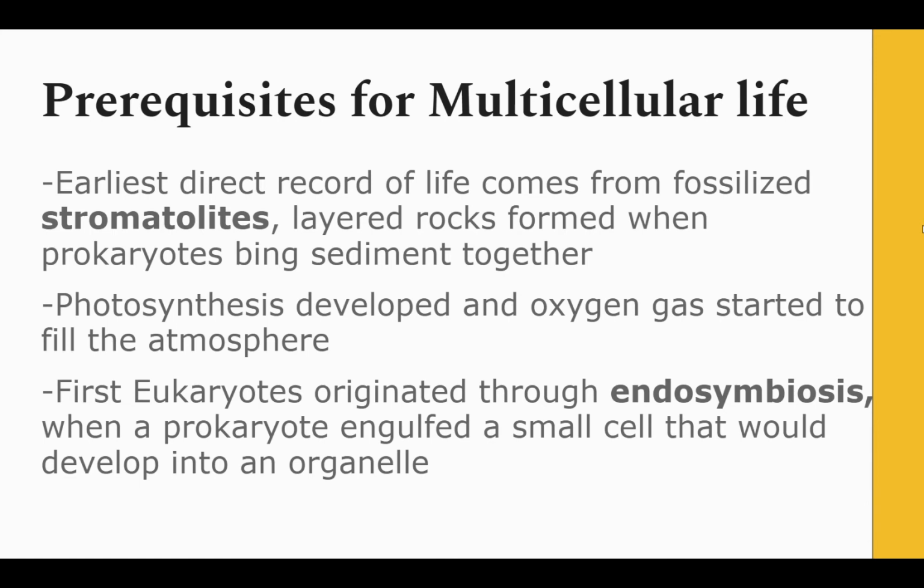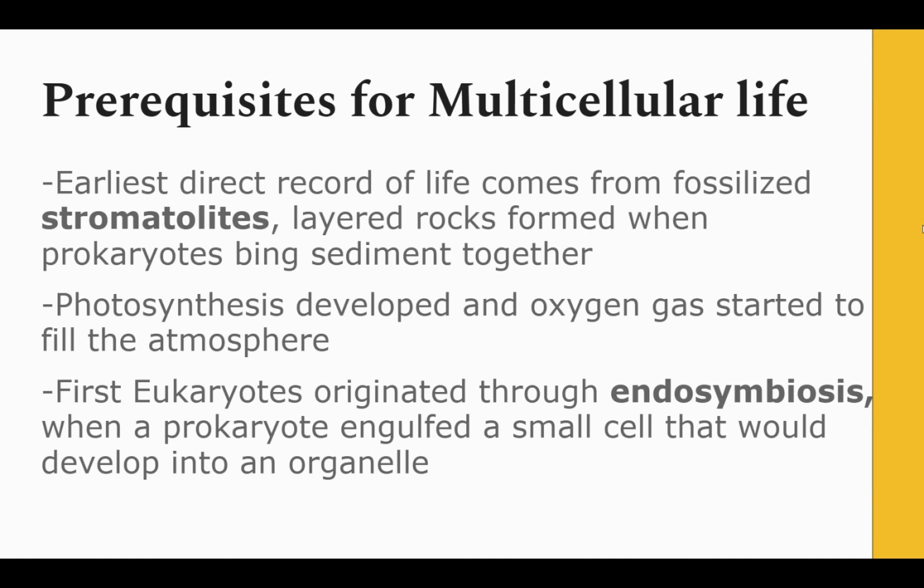In order to have organisms that rely on oxygen, we need oxygen in the atmosphere, right? So, at some point in time, one of these early prokaryotes developed the ability to harness sunlight and carbon dioxide to make energy for itself. Right? We talked a lot about photosynthesis.